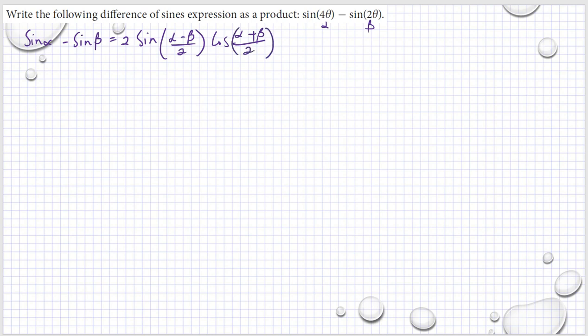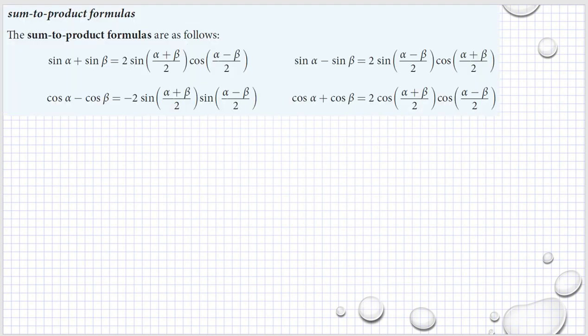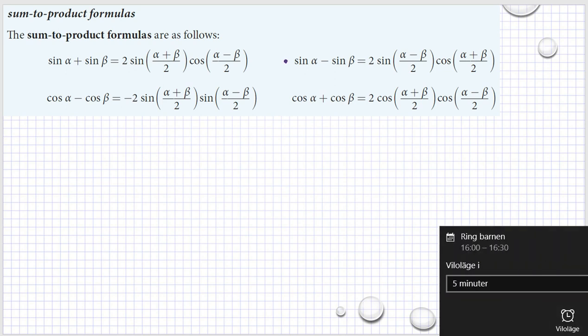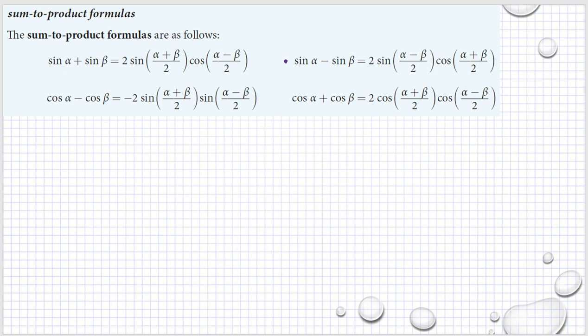Let's see if I remembered it right. There you go. 2 sine alpha minus beta over 2 cosine alpha plus beta over 2.